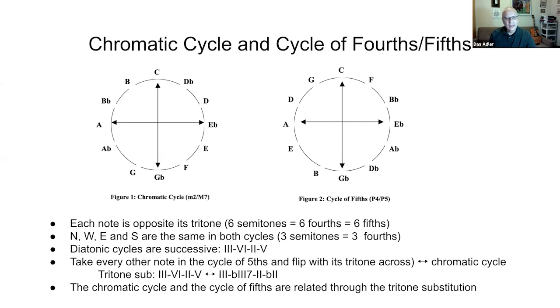Now also look at north, west, east, and south, which I have with arrows here. And those are the same too. And wait a minute, why would that happen, right? Again, it's not very easy to see in other ways, but here it becomes very clear that a minor third is the equivalent of 3 fourths going up.